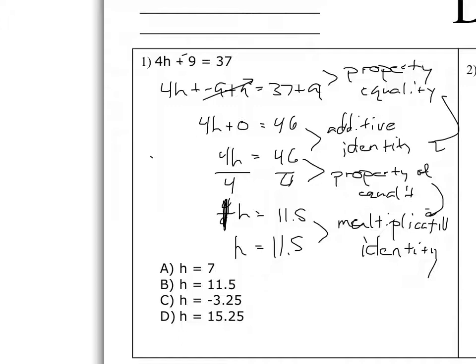And again, just remembering the order of operations, we're doing them in reverse order since we're doing inverse operations. And that's why we did the inverse of the addition and got the additive identity, and then the inverse of the multiplication and got a multiplicative identity. So that's really the key point about how we go through and solve equations.